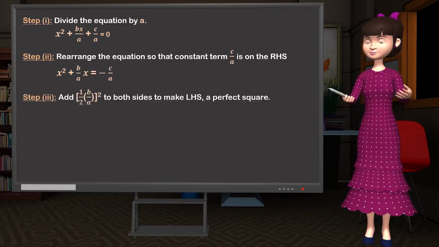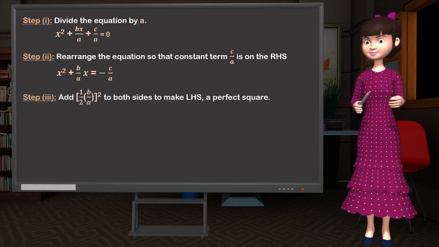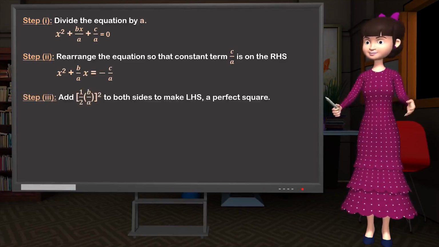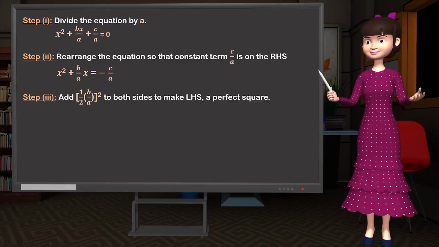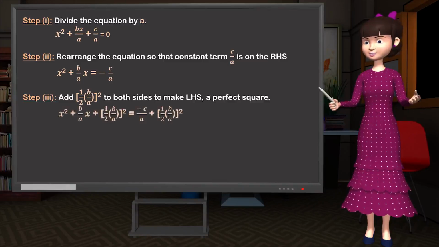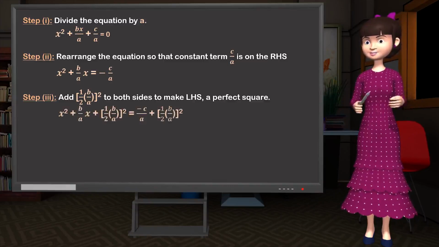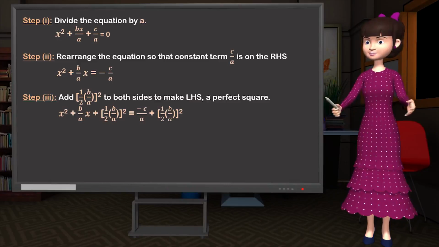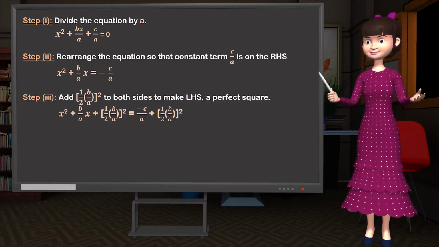Step 3. Add 1 by 2 of b by a whole square to both sides to make LHS a perfect square. That is x squared plus b by a x plus 1 by 2 of b by a whole square is equal to minus c by a plus 1 by 2 of b by a whole square.